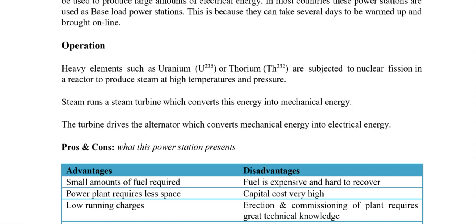This heat energy is used to produce steam at high pressure and temperature, and this steam is used to run a turbine, which converts the energy into mechanical energy. The turbine drives the alternator, which converts the mechanical energy into electrical energy.